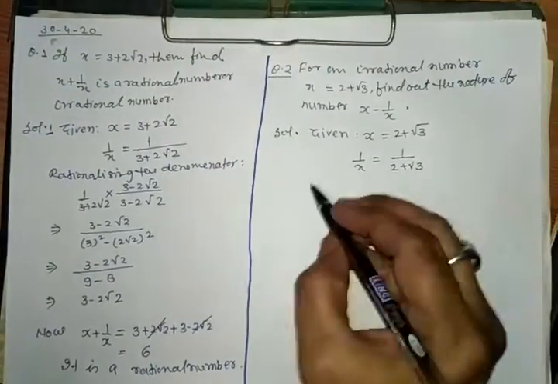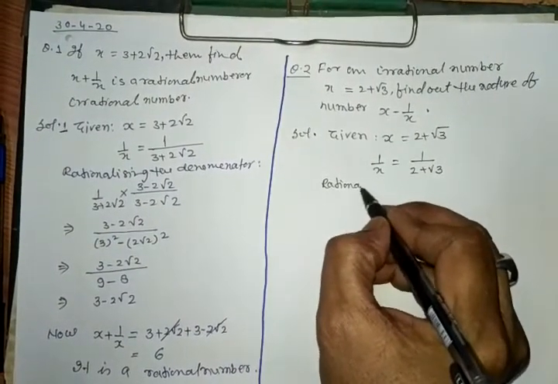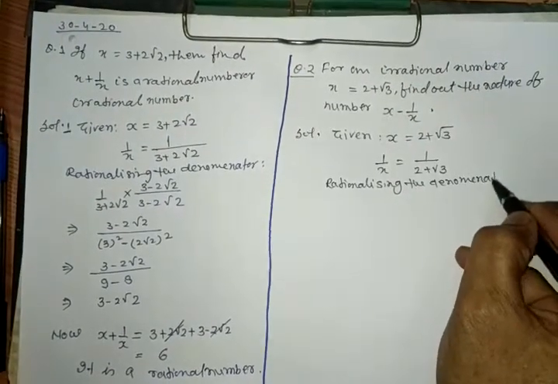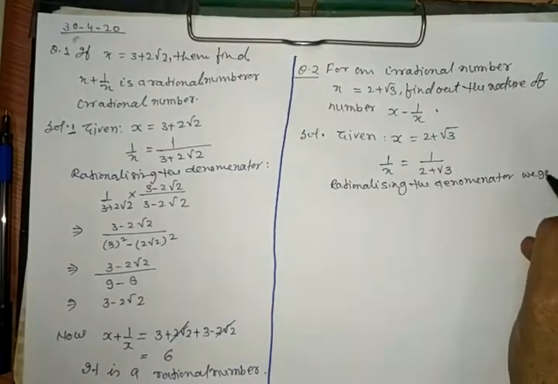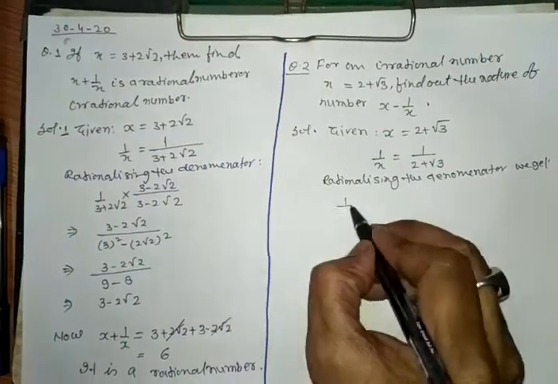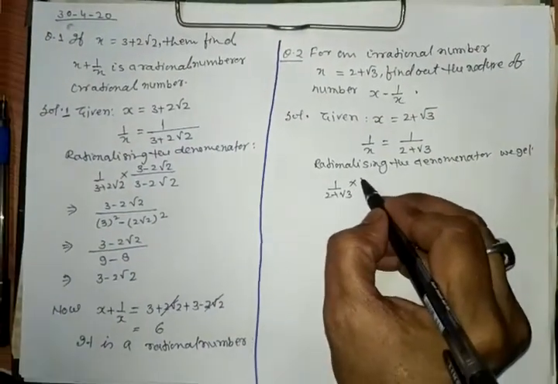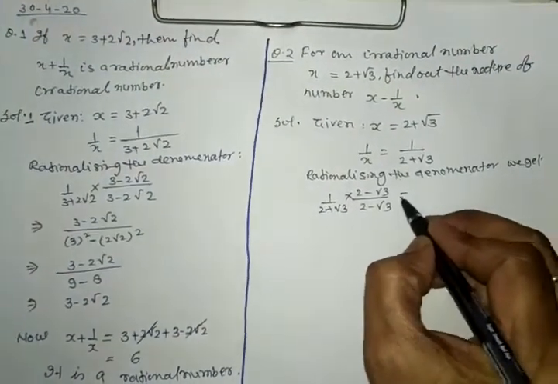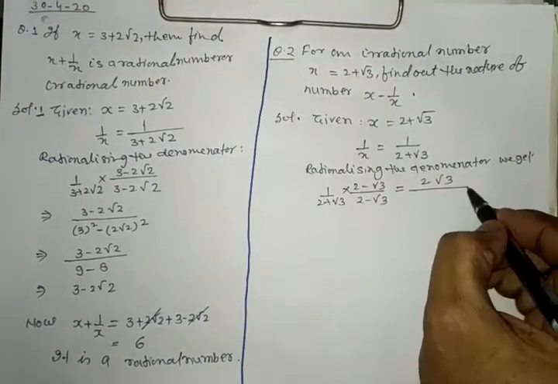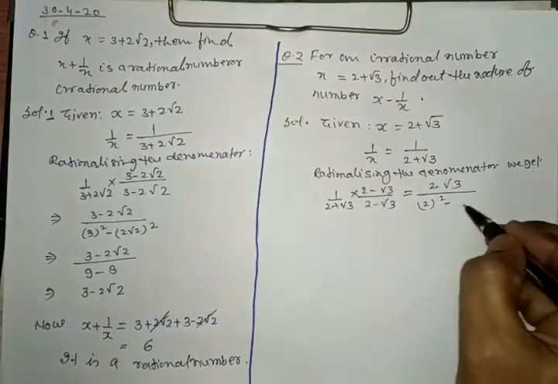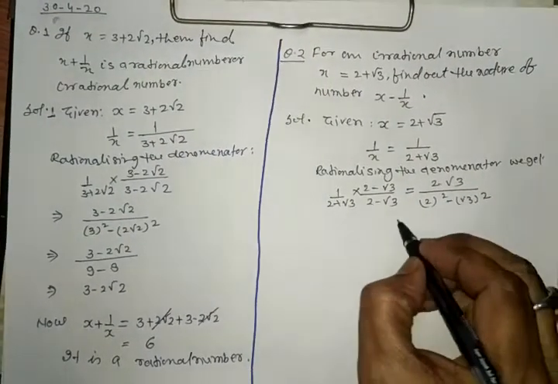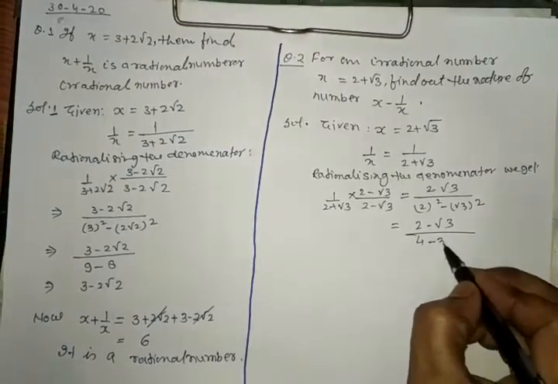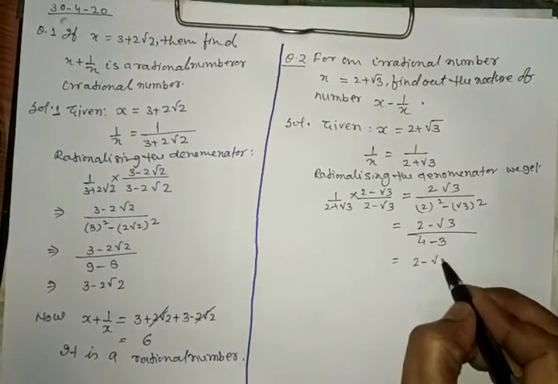Rationalizing the denominator, we get 1 upon 2 plus root 3 multiplied by 2 minus root 3 upon 2 minus root 3 equals 2 minus root 3 upon 2 square minus root 3 square, that is 2 minus root 3 upon 4 minus 3, that is 2 minus root 3.